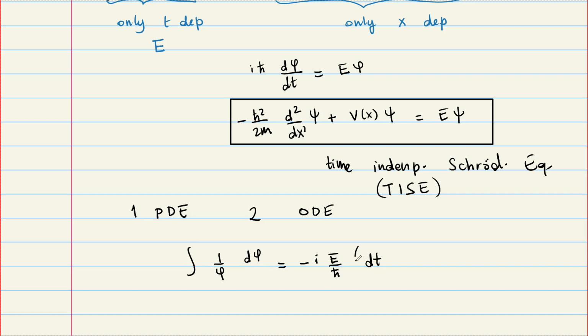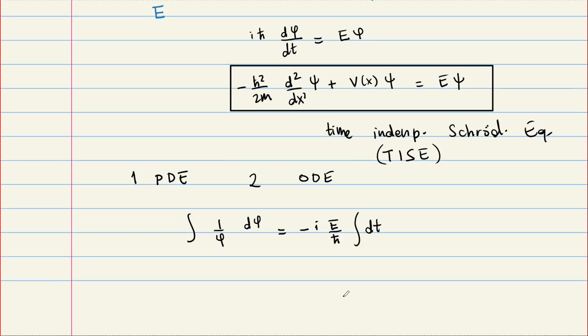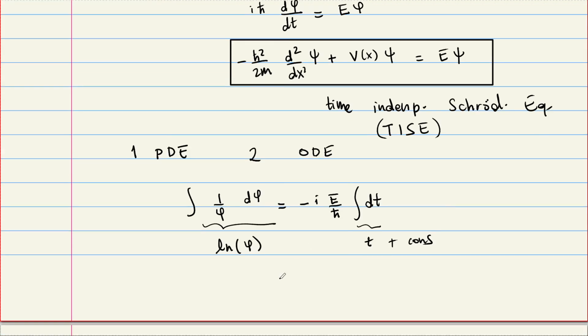And here there's only time to integrate. And the integral of dt is t plus a constant. There's nothing simpler than that. And the integral of 1 over phi d phi is the logarithm, log phi. And now this is solved. Phi is going to be some constant times e to the minus i E over h bar t.